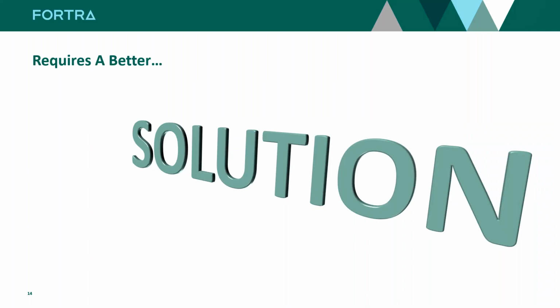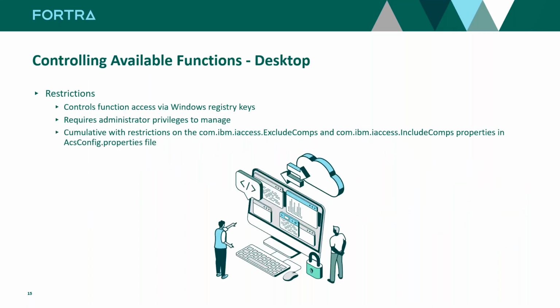So let's talk about the real solution. Yeah. Everybody wants to know what the secret sauce is. Okay, so controlling functions on the desktop, the best way to do that is through Windows registry keys.